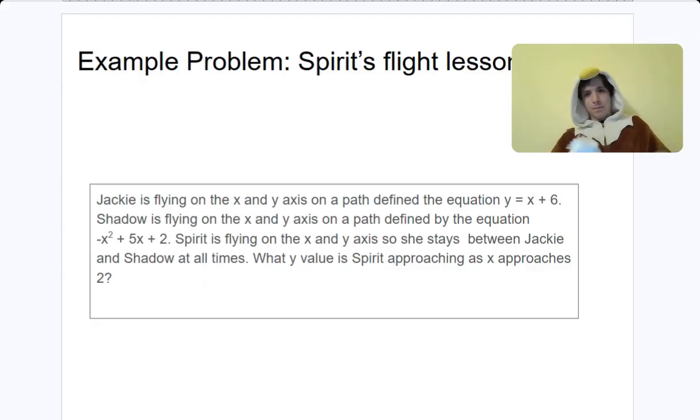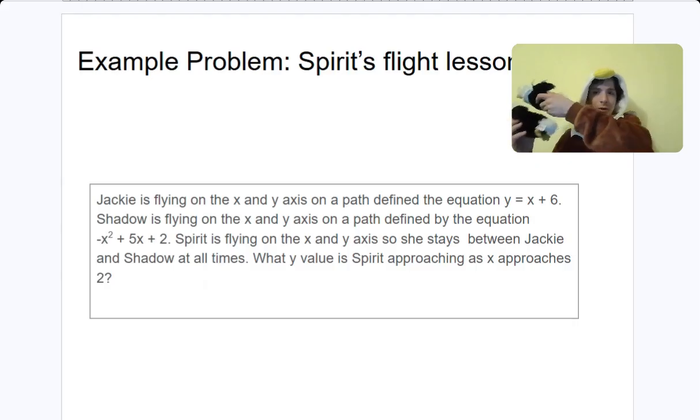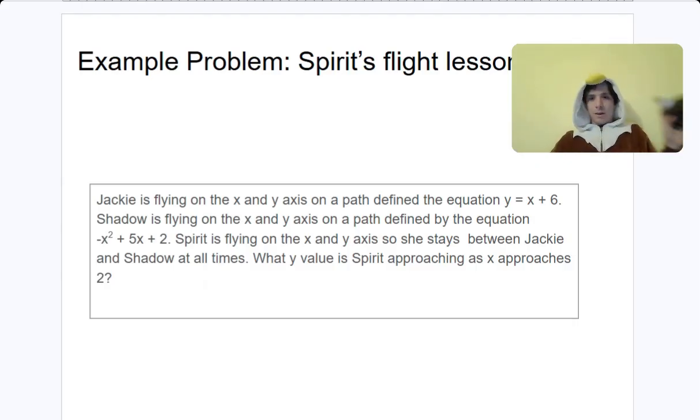So they're both going to be approaching y equals 8. They're getting closer and closer. So Spirit is going to be going right in between them and staying close to y equals 8 when x is near 2.